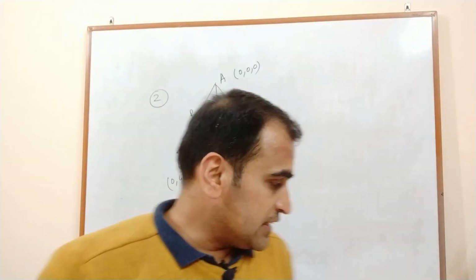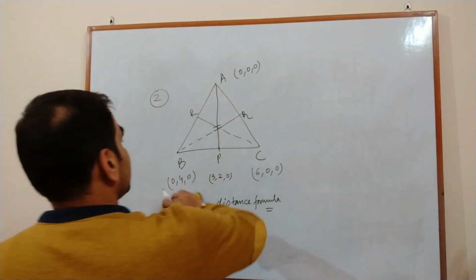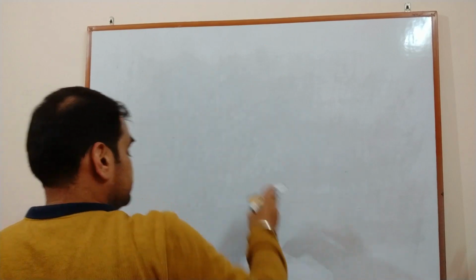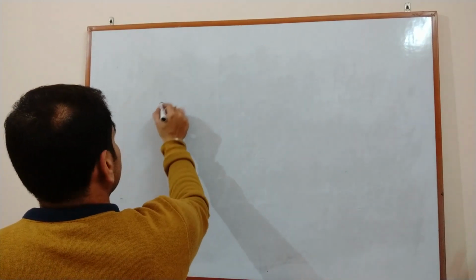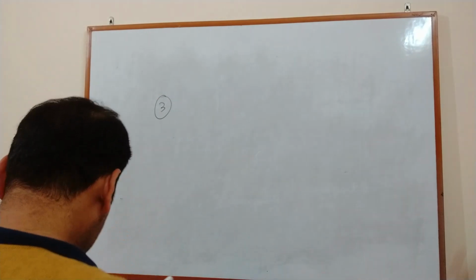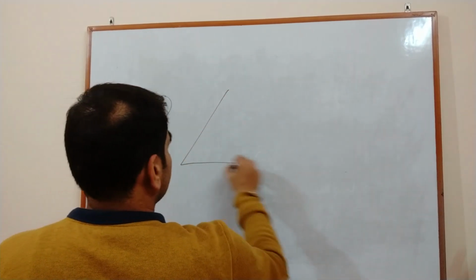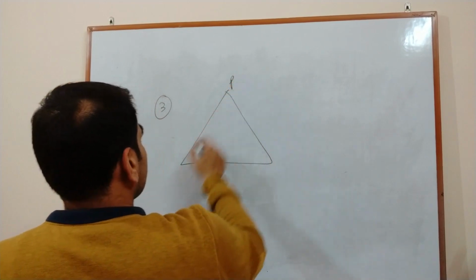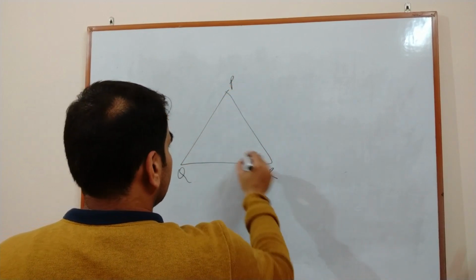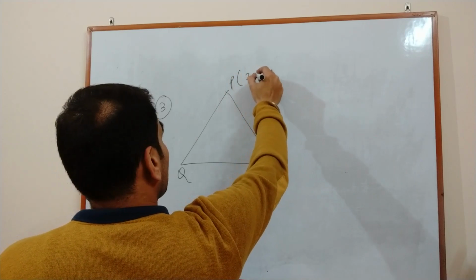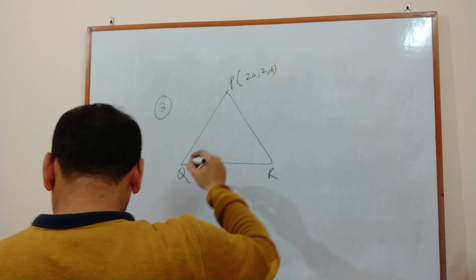Come to question number 3. Question number 3 is, the origin is the centroid of the triangle. We have a triangle PQR, and this P is (2a, 2, 6).